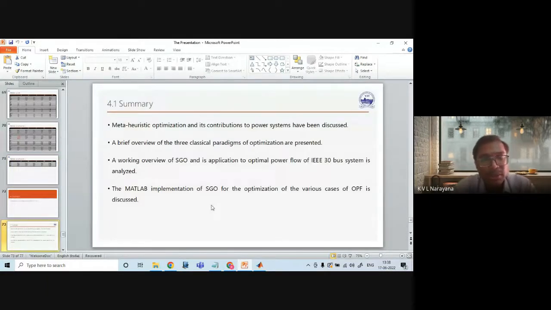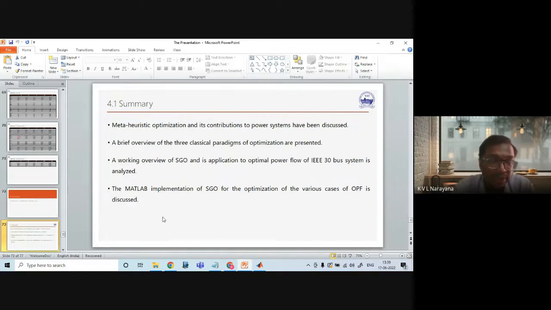So coming to the conclusion, we have discussed metaheuristic optimization and its importance to power systems. I have given a brief overview of the three classical paradigms, genetic algorithm, particle swarm optimization, and differential evolution, which you already learned from the previous sessions. After that, we discussed the working of SGO and the formulation of the mathematical model of the IEEE 30 bus system.